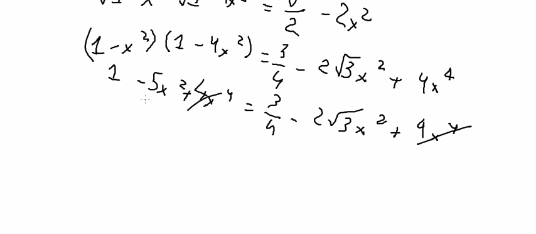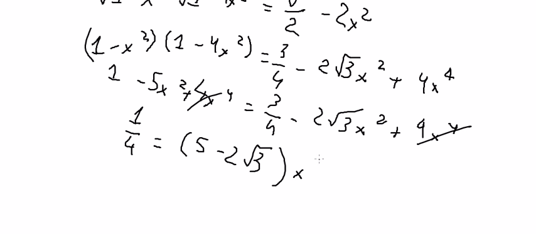You get 1 over 4, and this one go to the right, and you get 5 minus 2 multiplied with the square root of number 3 x squared. Later we divide both sides with this one.